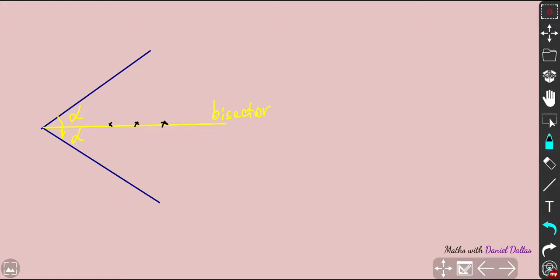So if we mark this line segment as A and this line segment as B, and we take a random point, let's say P, then by definition the shortest route to segment A and the shortest route to segment B should be the same. That's what equidistant means.